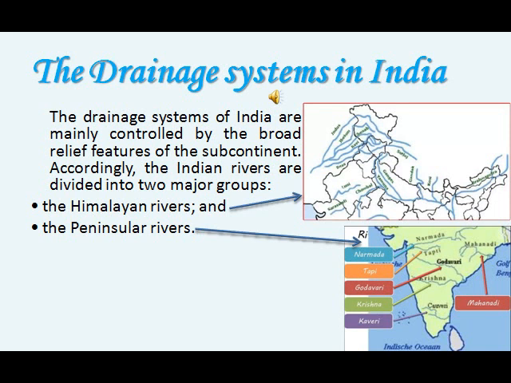If you see in the map from the top, Indus, Jhelum, Chenab, Ravi, Beas, Satluj, Ganga, Yamuna, Gandak, Kosi, Brahmaputra rivers are Himalayan rivers. In the south, in the peninsular part, the main rivers are Narmada, Tapi, Godavari, Krishna, Kaveri, and Mahanadi.